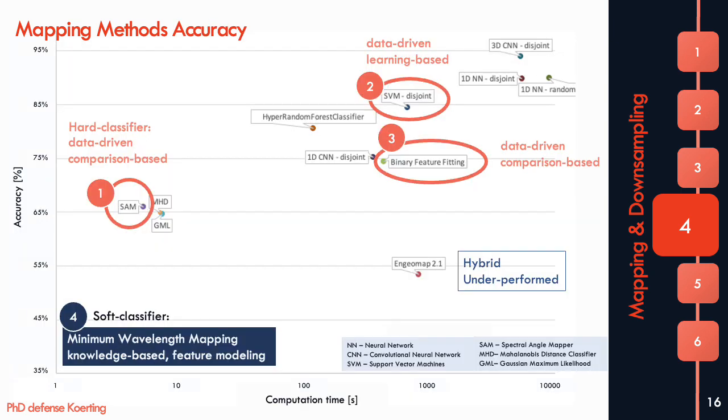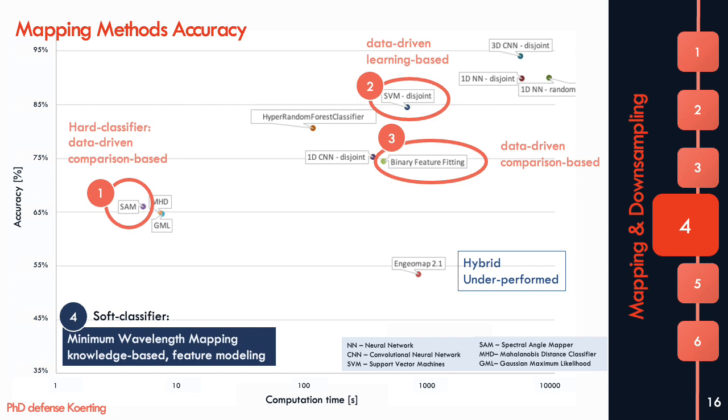So for the hard classifier methods, I could plot the accuracy of the mapping versus the computation time of the mapping. Both will be very important for the results and how these results can be used within a mining context. Again, I talked about this high turnover rate, which means that the computation time is also essential in this context.